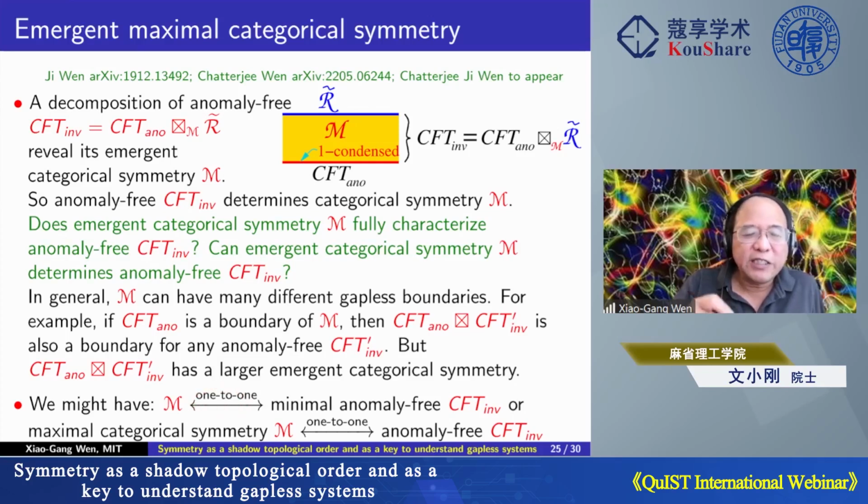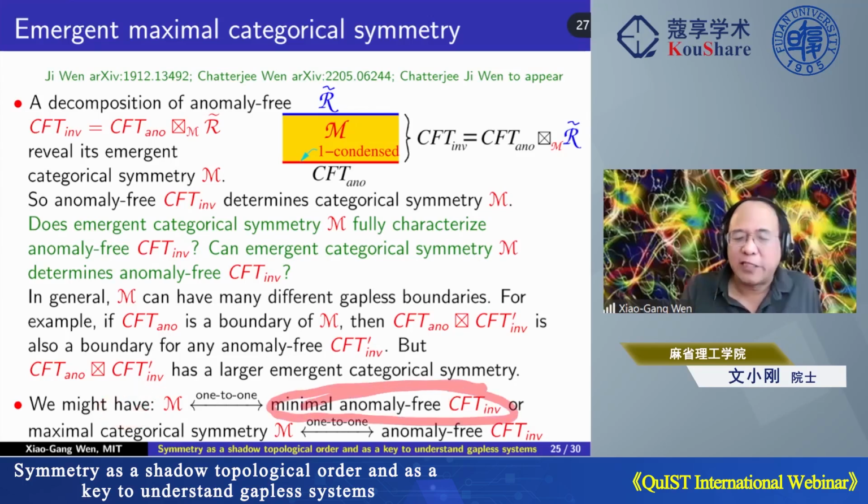So this can be stated in two ways. If we consider the maximum emergent symmetry, or maximum categorical symmetry, maybe this maximum symmetry can determine the CFT gapless system completely. Or if we have a given symmetry, then we have many CFTs with that symmetry, but maybe there is a single minimal CFT.